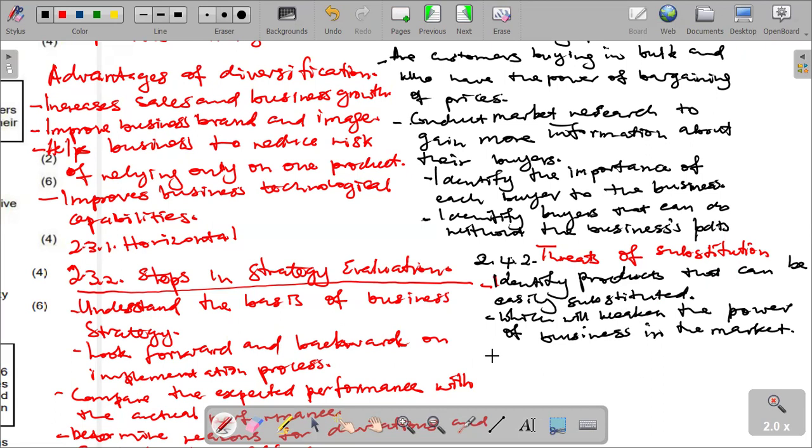We can as well talk, in terms of the threat of substitutes, about establishing whether the sellers of substitute products have improved their products.